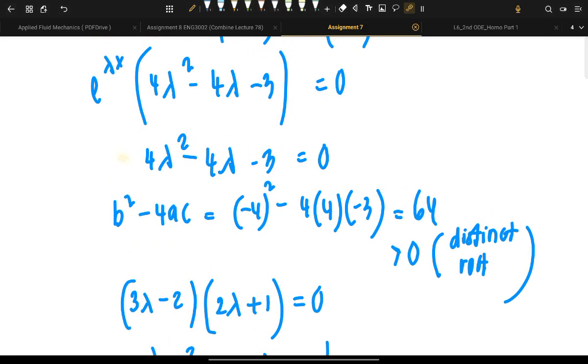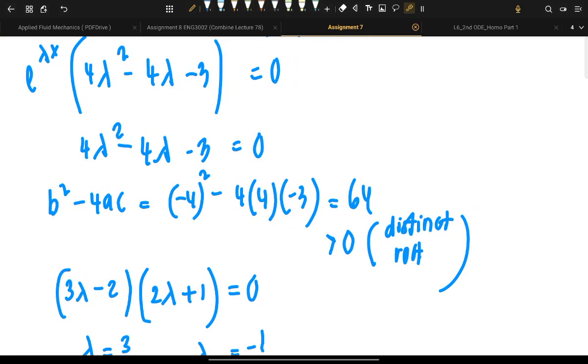I prefer to use b squared minus 4ac, the discriminant, in Malay we call it pembeza layan, to verify whether it is bigger than, equal to, or less than 0. From this equation I got 64, which is bigger than 0, so we have two real roots.